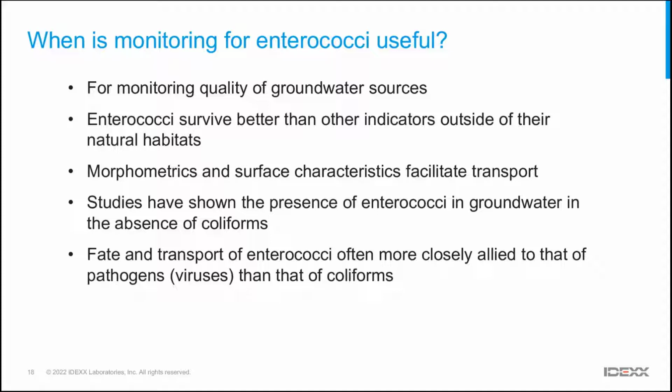And there have been several studies showing that Enterococci can occur in groundwater in the absence of traditional indicators such as coliforms. And furthermore, fate and transport studies often more closely follow those of viruses rather than coliforms. So there's some evidence that the fate and transport of Enterococci is similar to at least some of the viral pathogens that are waterborne.